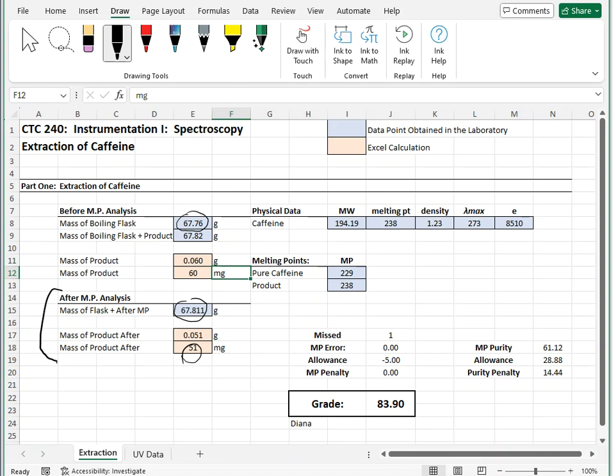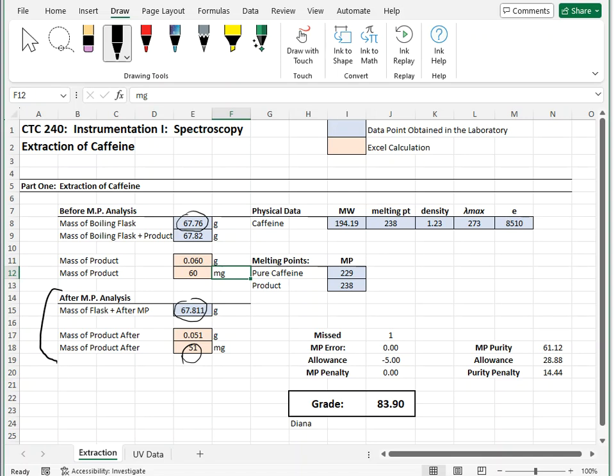It seems like they used 9 or 10 milligrams for the melting point, and that is what's left over that we get to use for Part B. So don't forget to correct for that step. The lab directions are going to walk you through that and remind you of that so you don't forget it, but that correction has to be made in order to go into part B of the lab experiment.